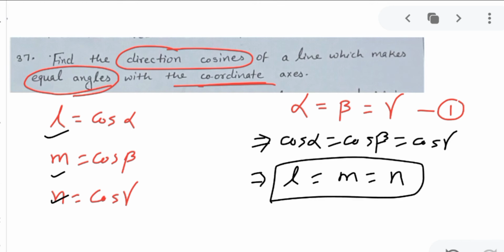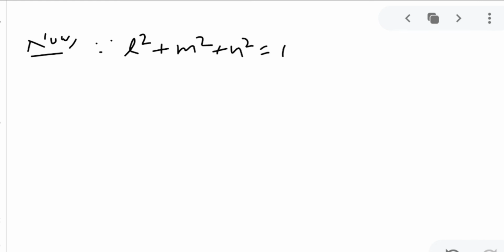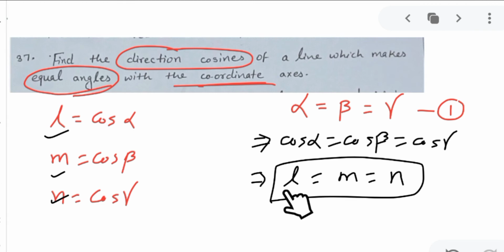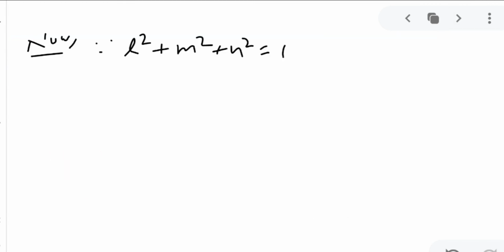Now, since L square plus M square plus N square is equal to 1, this relation we know. This is one theorem. Since L, M, N are the same, I will replace all three with L only. So L square plus L square plus L square, because all three are the same.